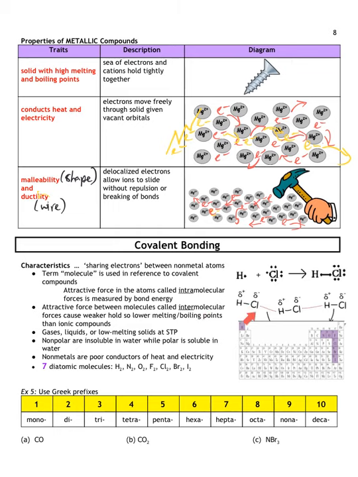Once again, we see the inter and intramolecular forces. I got cut off, so I'm going to write this in. This here that you see is intermolecular force. This here that you see is intramolecular forces.